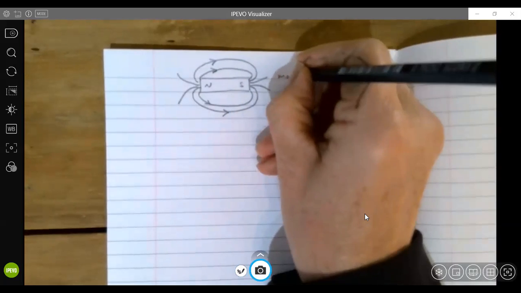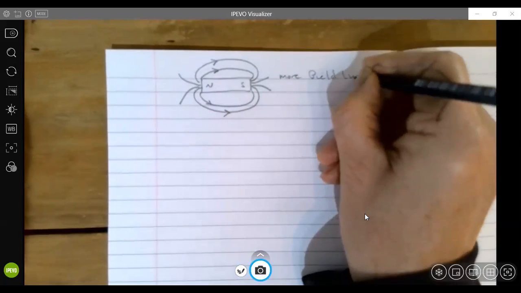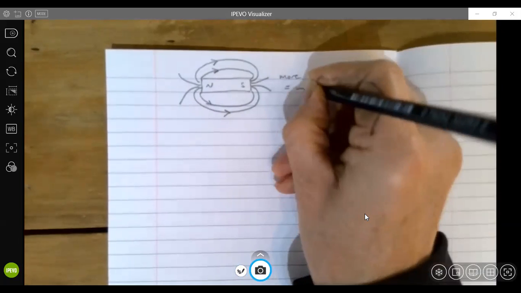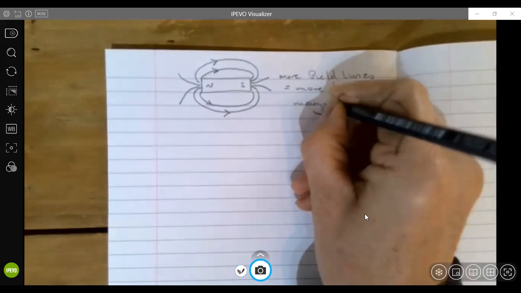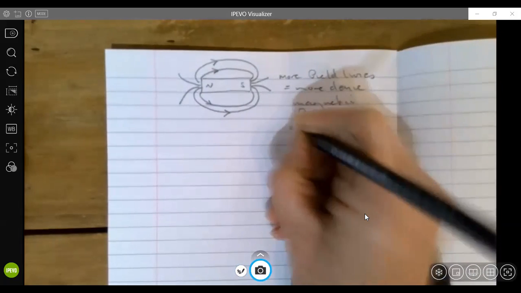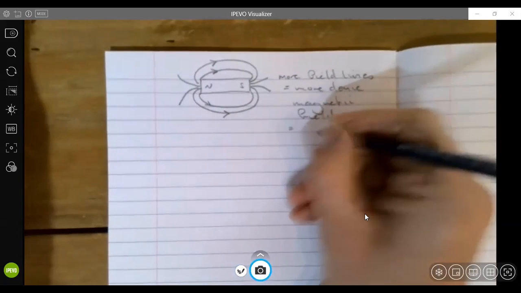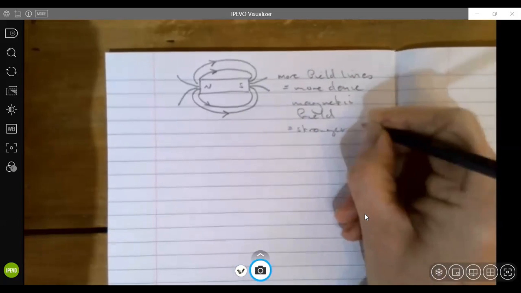So more field lines equals more dense magnetic field, which equals a stronger field.